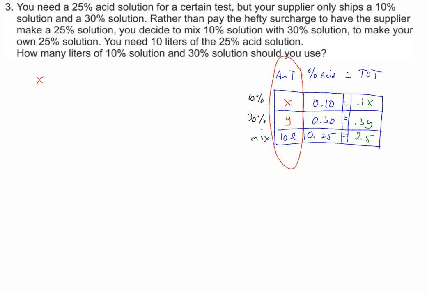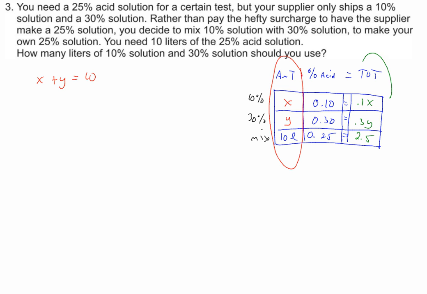You also have a total column, and I know you're doing the total column. So give me the amount equation. All right, Alexandra? x plus y equals 10. The 10% and the 30% end up equaling the total amount of the mix, the 10 liters.